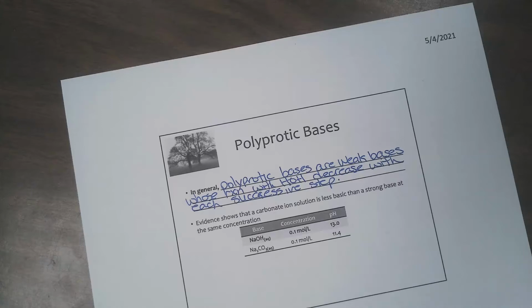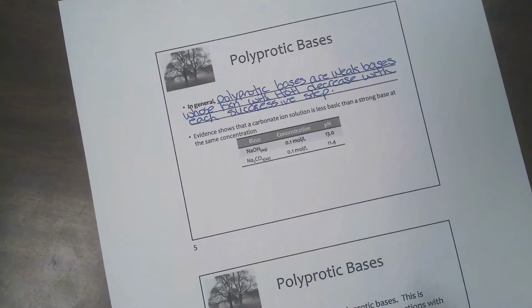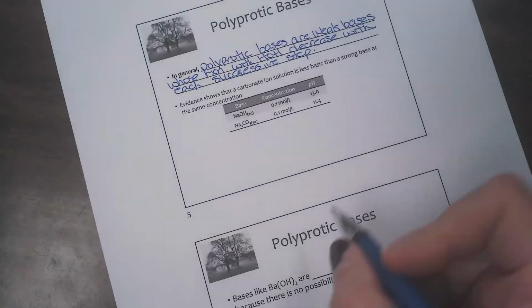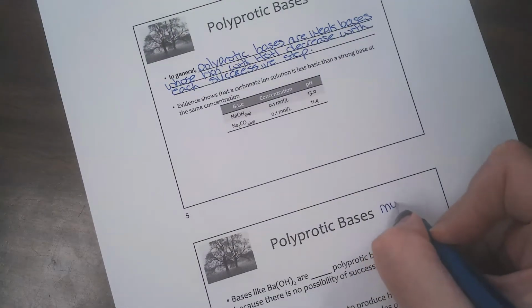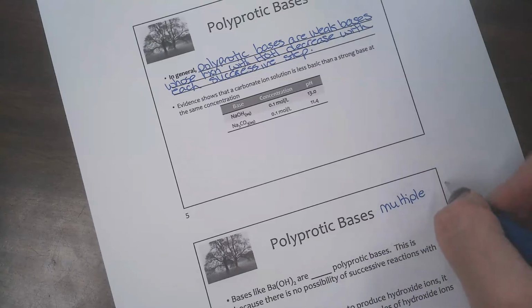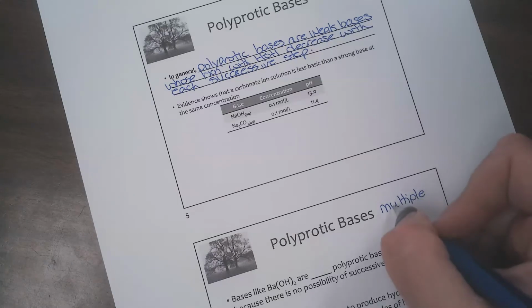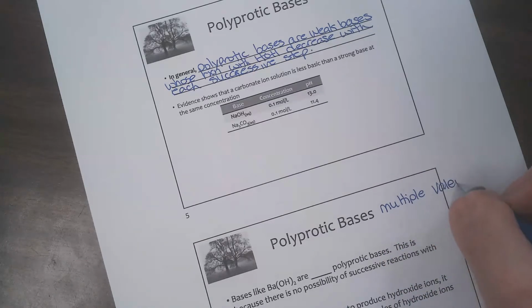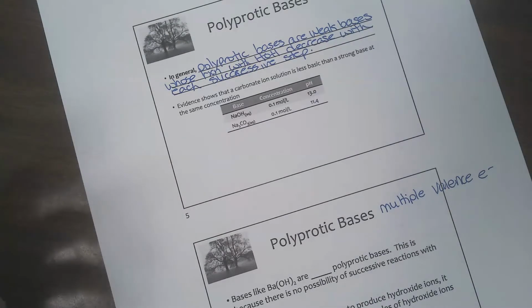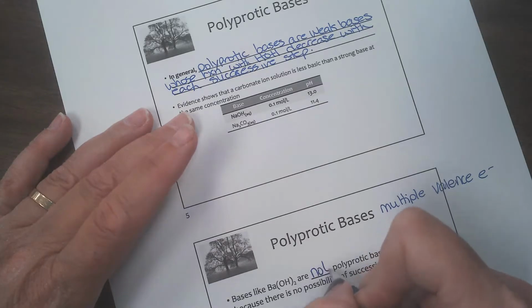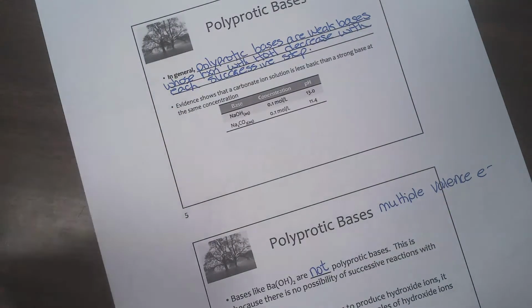Group 2 ions actually fit more the definition of polyprotic bases because they have multiple, not multiple charges, I don't mean more than one, like +3, +4, like iron, but they have, I guess we could call them valence electrons.